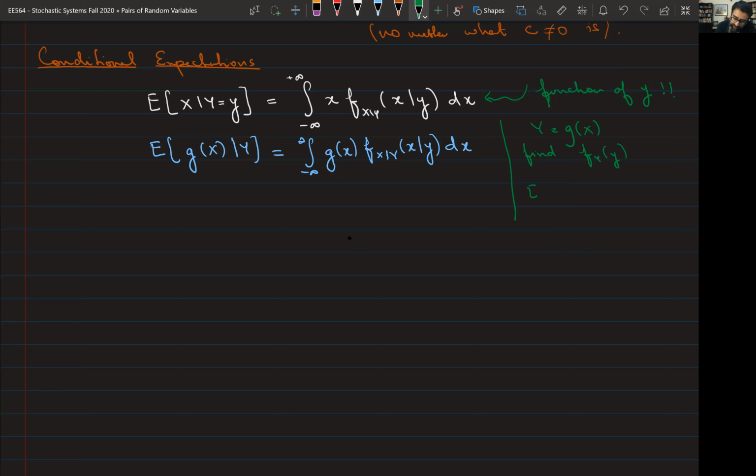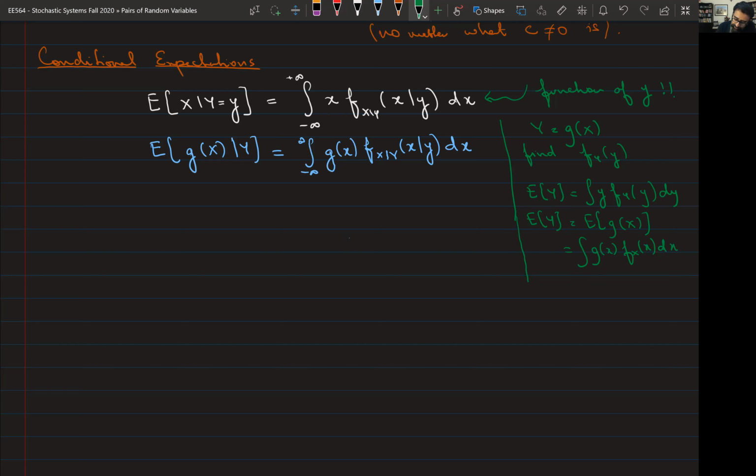This is the integral of y f_Y of y dy, or the expected value of y is equal to the expected value of g of x, because y is a function of x. And this would mean that this definition should be the integral of g of x f_X of x dx.